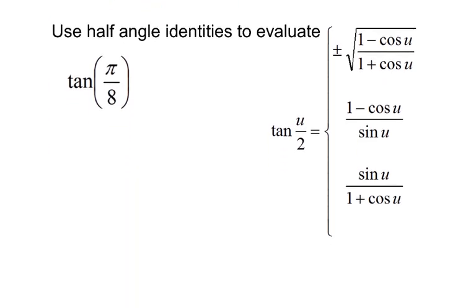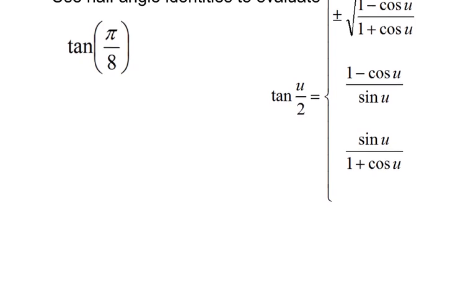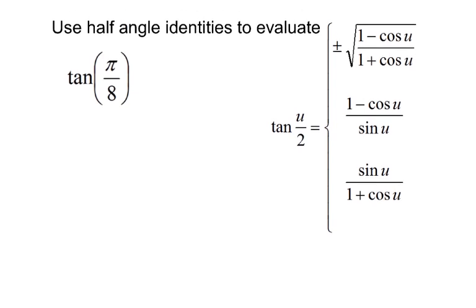Alright, then the next one is tangent of pi over 8, and so we're asking how can I rewrite this pi over 8 in order to get it into a unit circle piece. We're going to make it into a degree. Pi over 8 times 180 over pi means that we're looking at 180 divided by 8.